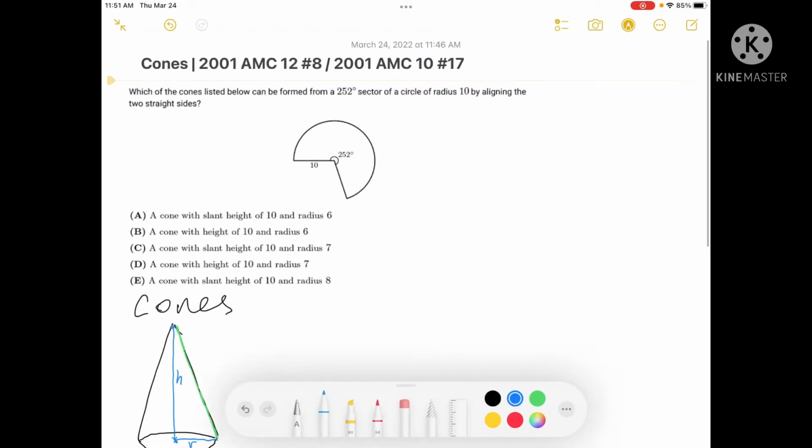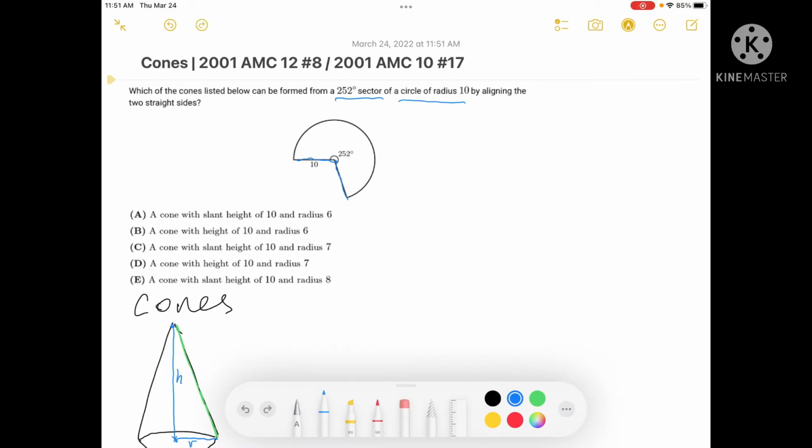Welcome back, and now let's tackle the question together. Over here we have a sector of 252 degrees of a circle of radius 10. Like the demonstration just now, we can connect these two lines to form a cone.